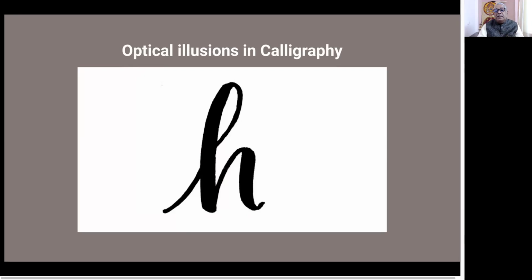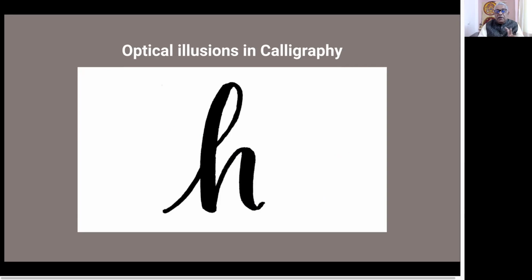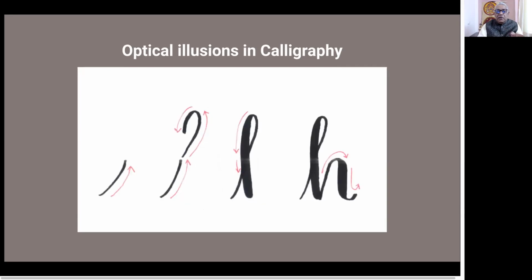So I found it fascinating when I learned brush pen calligraphy that by default this comes to any visually sensitive person, that in a lot of strokes we deliberately do some offset or change in the angles to compensate for optical corrections. If you look at lowercase h, this is the sequence of strokes.